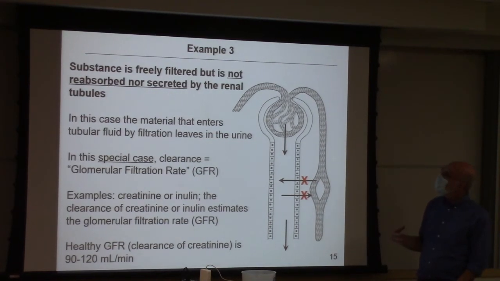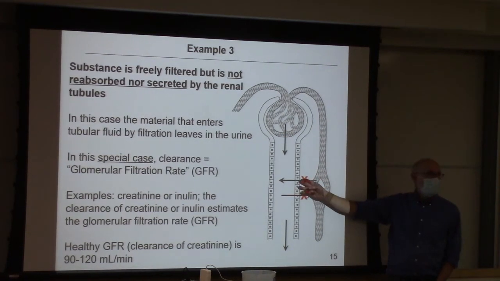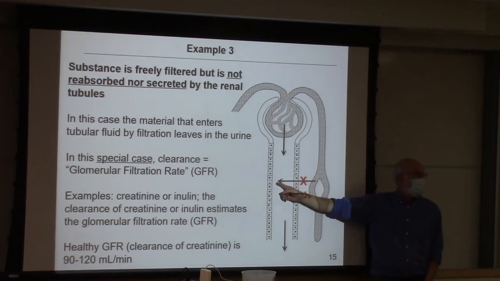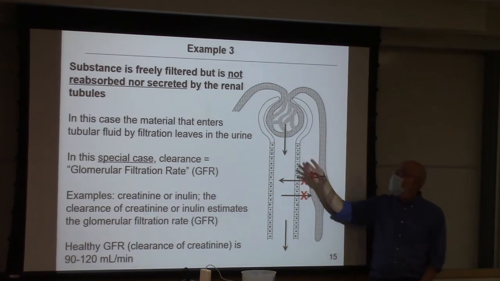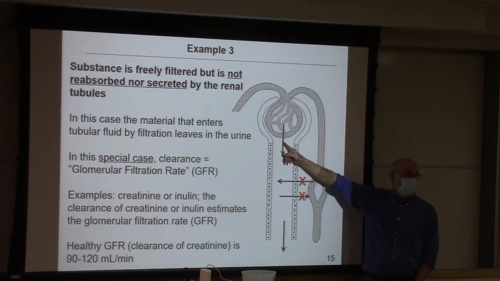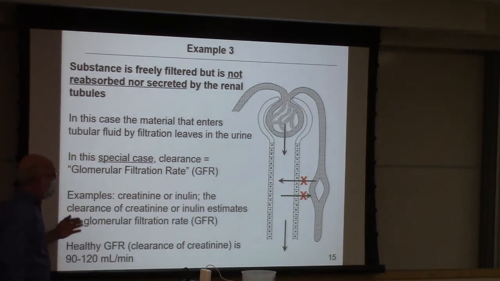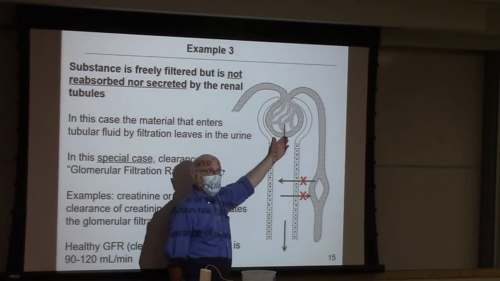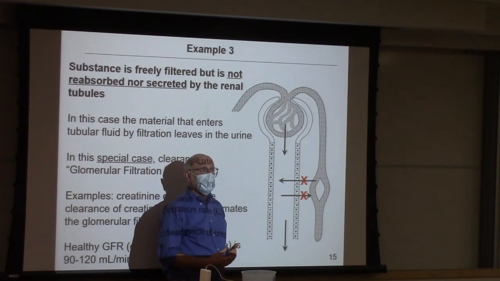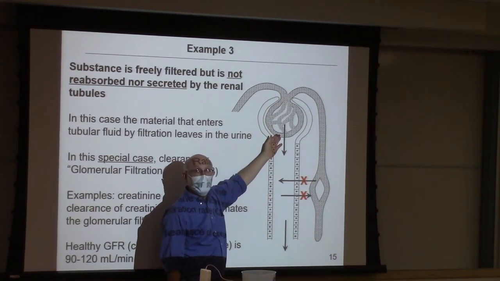Okay, let's talk about a substance that is freely filtered, but is neither reabsorbed nor secreted. The only way this substance gets into the urine is via filtration. So the clearance of this stuff, in mils per minute, represents the rate of glomerular filtration, or the glomerular filtration rate.